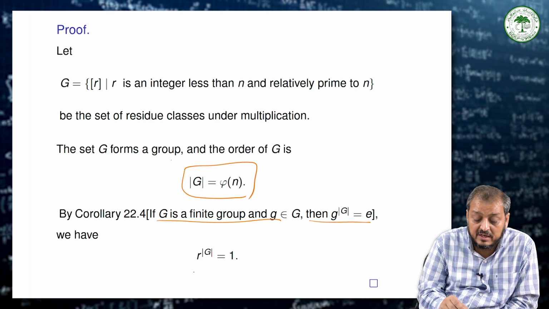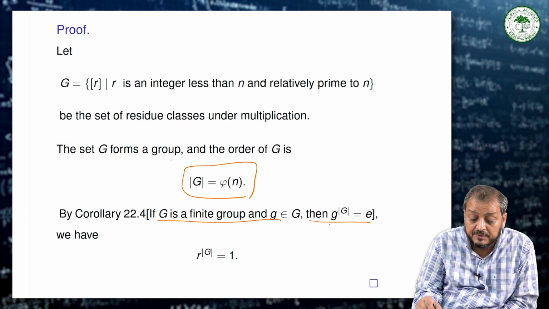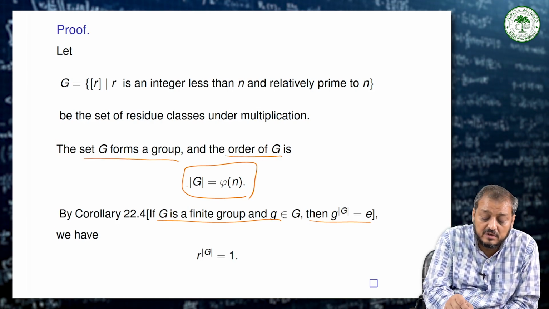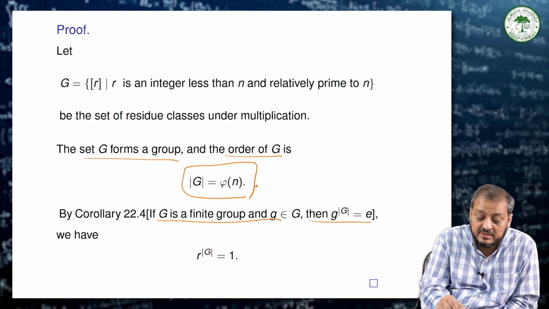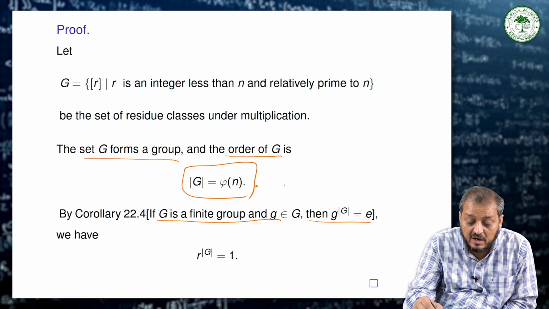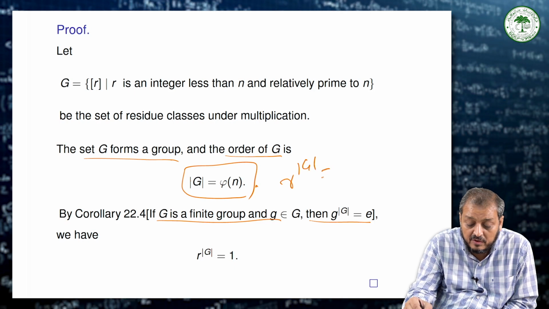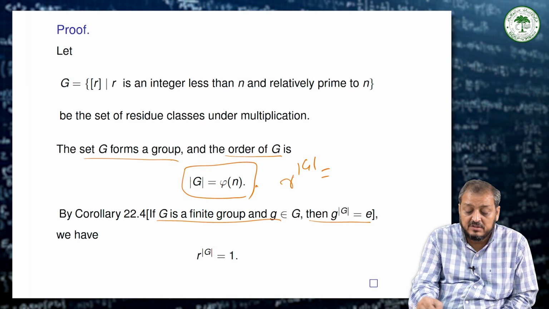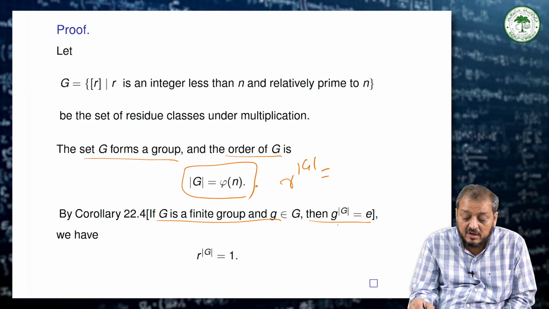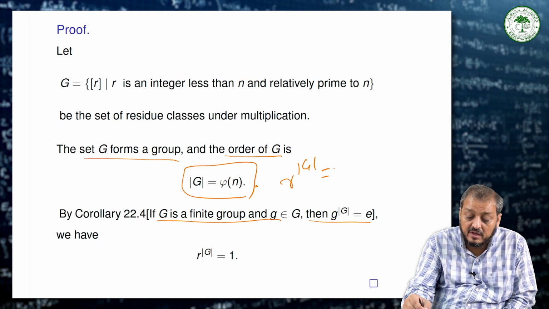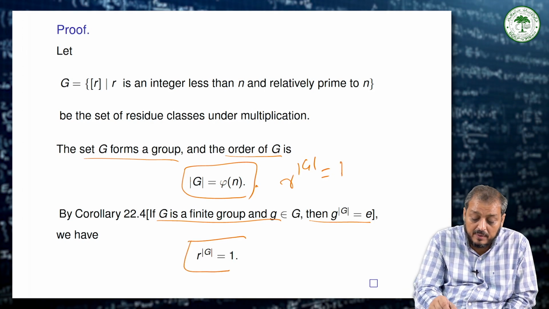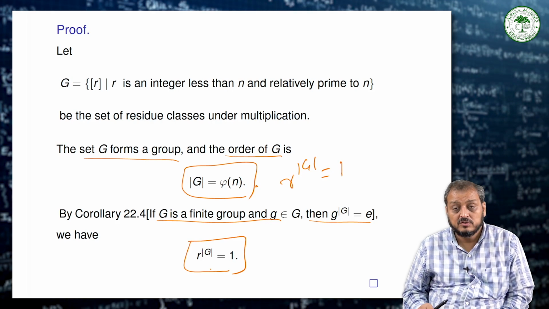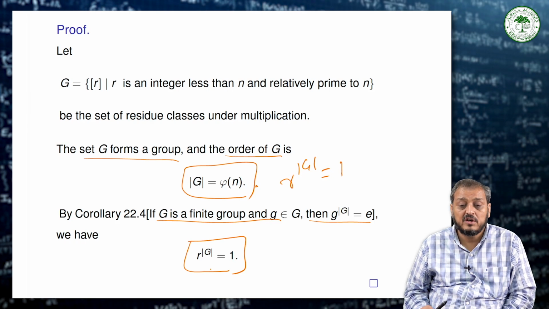Since G is a group and the order of G is phi of n, by this result g to the power order of G is equal to the identity, which is 1. So r to the power order of G is equal to the identity.